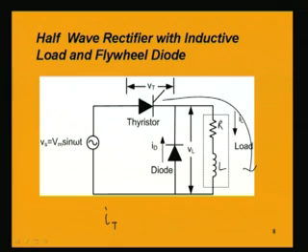Now, when it is in the negative half, let us consider this negative half. So, in the negative half cycle, this diode, it is now forward biased. So, the current will be bypassed through this diode.